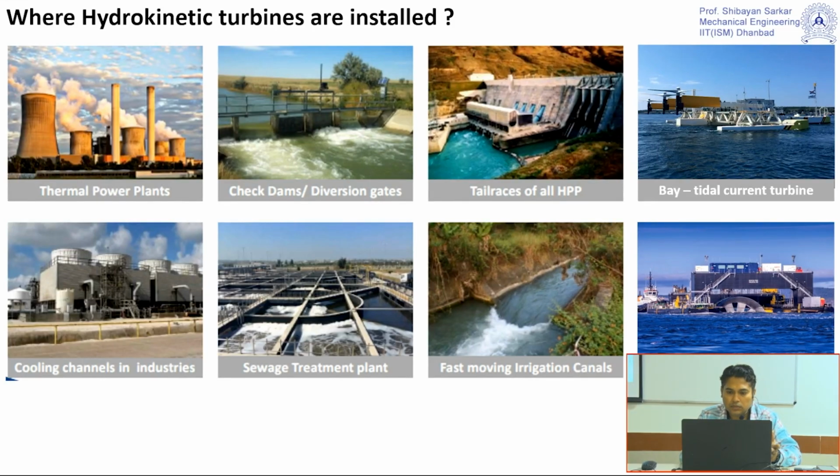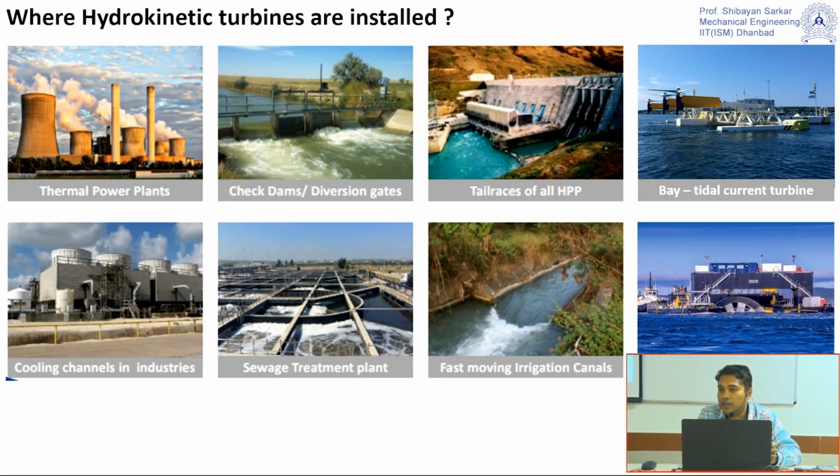So again, I would like to show you some pictures of where in general this hydrokinetic turbine can be installed. Thermal power plant, their pipeline is there, so you can use some in-pipe hydropower turbine. Check dams, already you have seen. Tail race of the hydropower plant. In the tail race also you will find that after releasing the water, there is a huge amount of water source available.